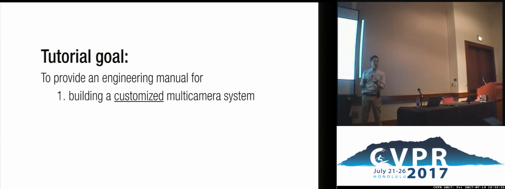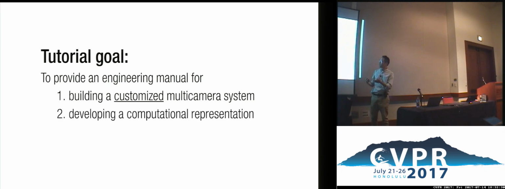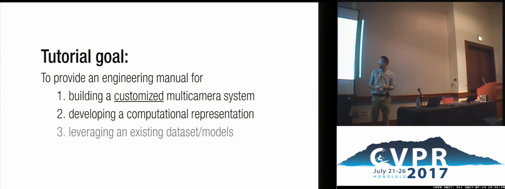The goal of the tutorial is not only deploying our system, but also helping you design your customized solution. Second, building a computational representation specific to your application. And leveraging existing datasets that can be useful for your application too.